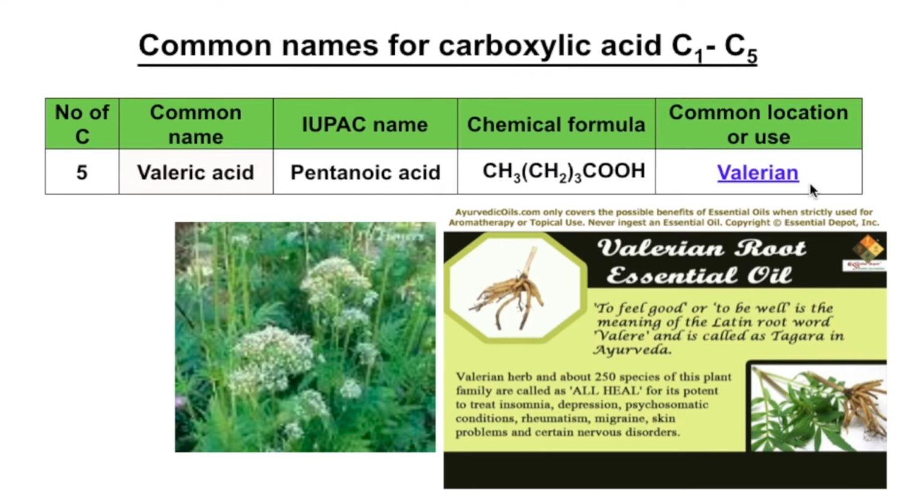This name valeric acid actually comes from a plant called valerian. The roots of this plant are used to extract essential oil, and the essential oil from the root of the plant is used in medicine. It can be used as an herb to treat insomnia, depression, and many other ailments like migraine and skin problems. Valeric acid.